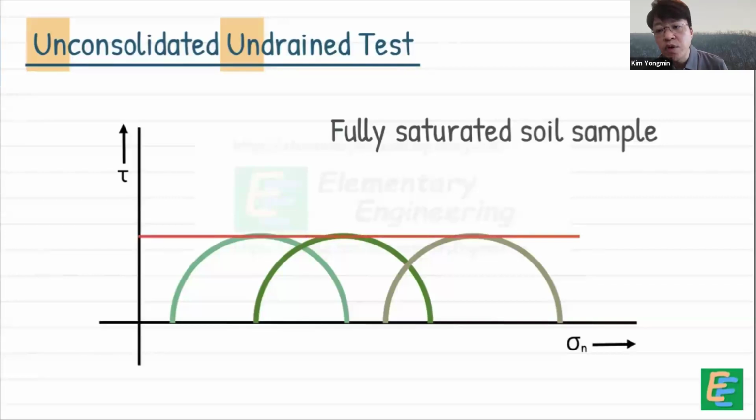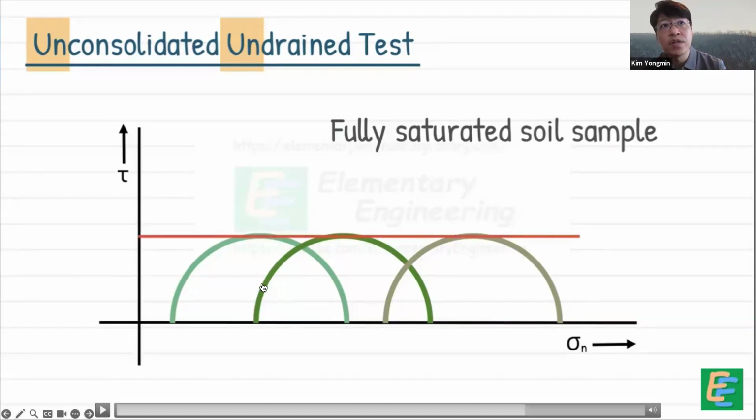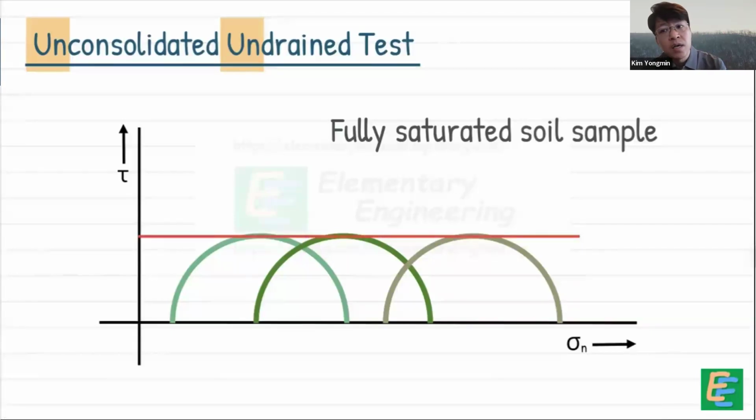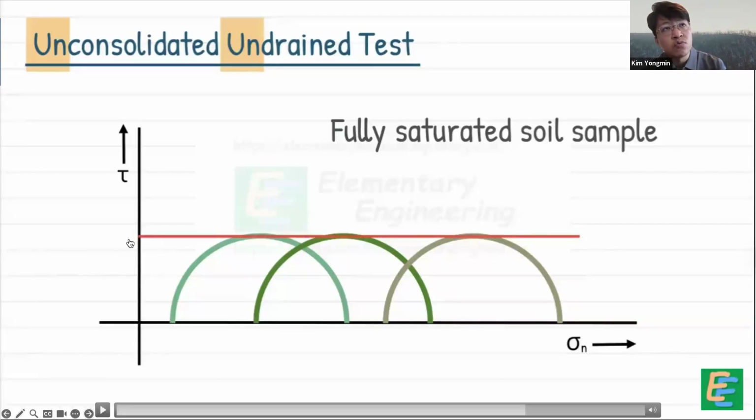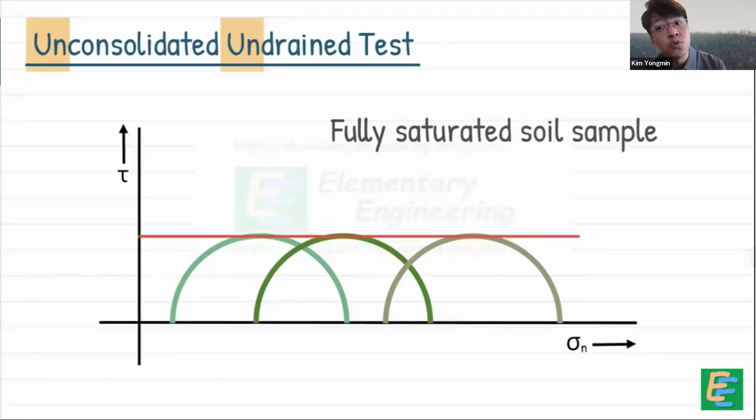In our lab, we are supposed to draw this circle. But let's think through why the circle diameter is always the same with different confining pressures. Why do we need to draw this kind of straight line in the UU tests? It will be a horizontal line.